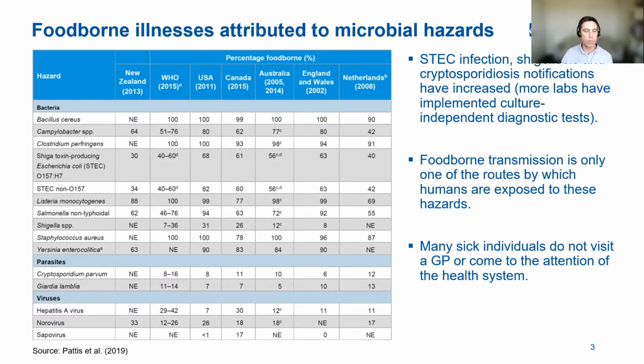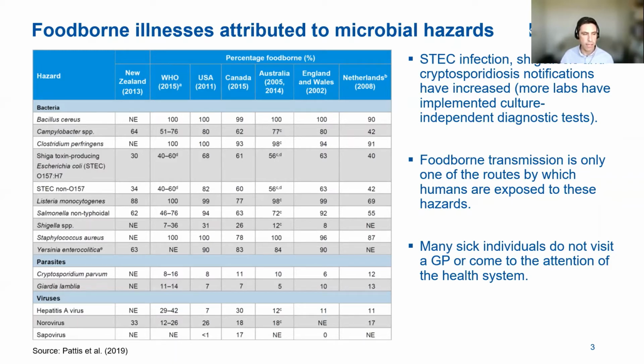So the rates of foodborne disease in New Zealand have not changed much in recent years. What I have in this table is NZ and overseas estimates of a few selected illnesses due to microbial hazards. Campylobacter is a top priority food pathogen of concern, with nearly 7,000 notified cases in 2018. STEC and hepatitis A also continue to be the focus of our food safety program.